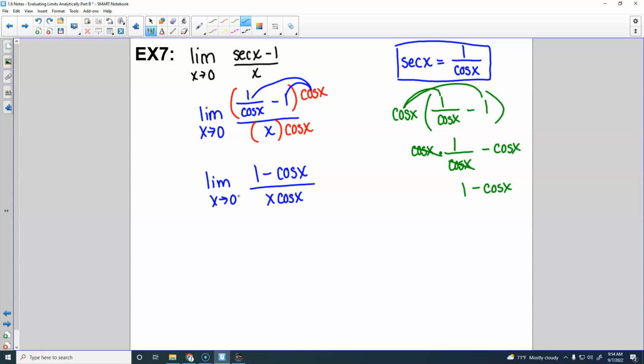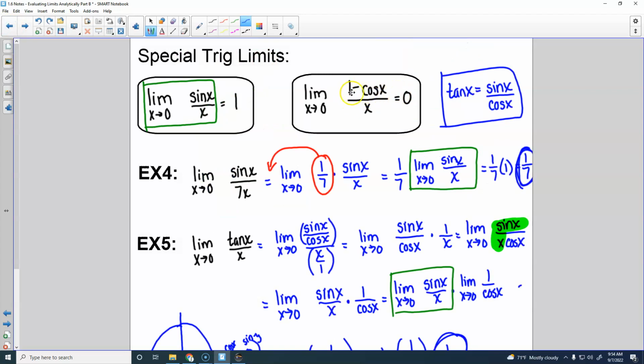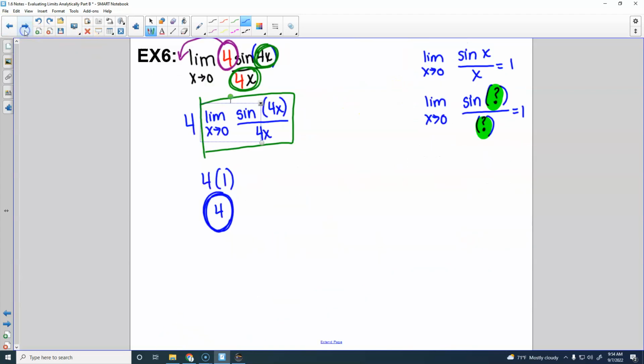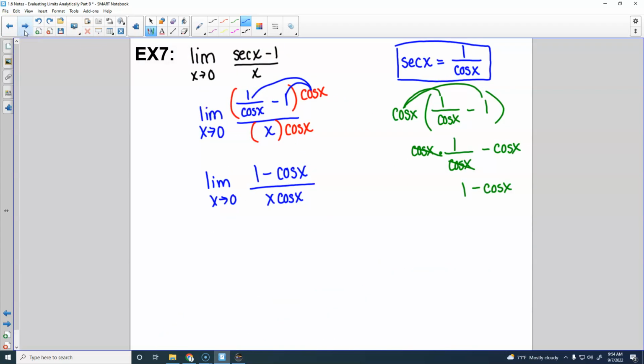All right, do you guys see a special limit? 1 minus cosine x over x was one of our special limits right there, right? It equals 0. So I really want to take this stuff and split it off.